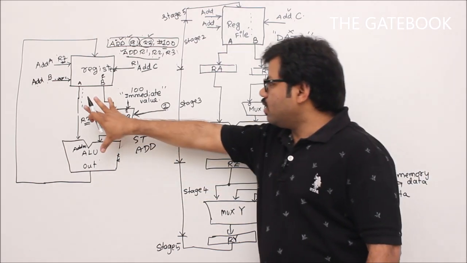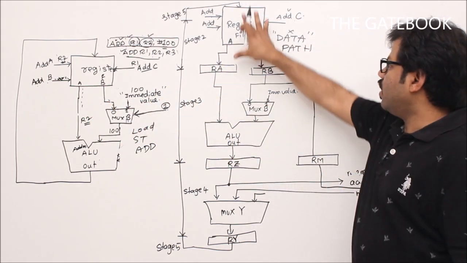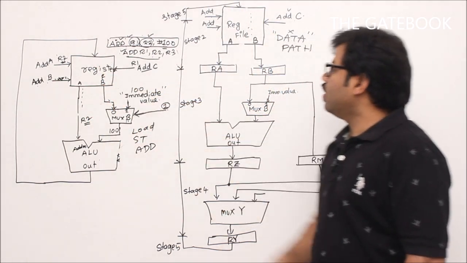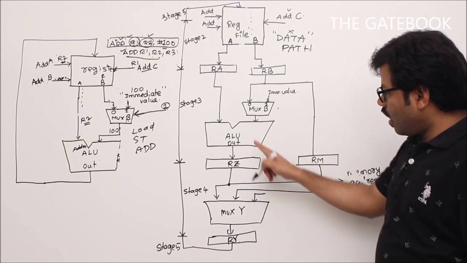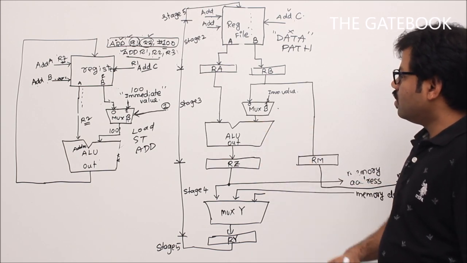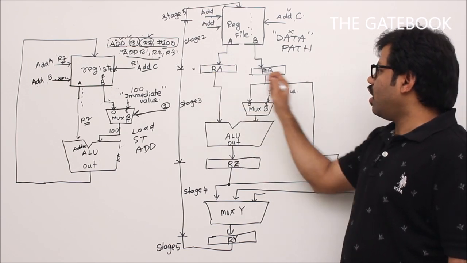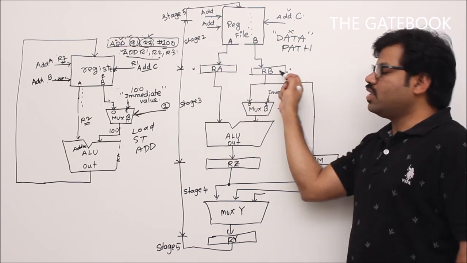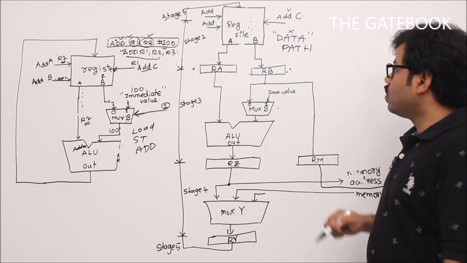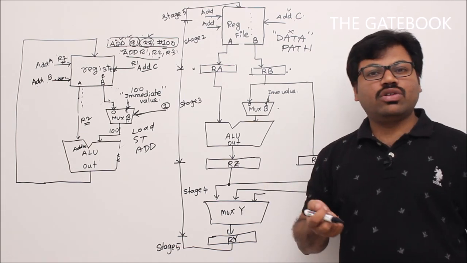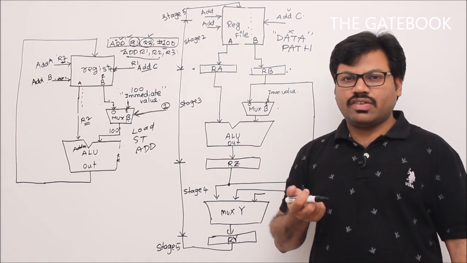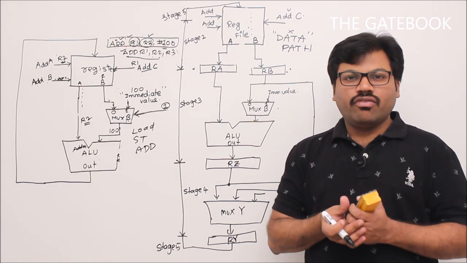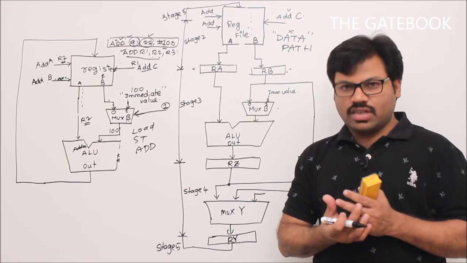First thing, this is the register file. Second, we have a multiplexer, and we have the ALU. Sir, but we have this RA and RB. I did not understand why these two registers. I will tell you. We are going to do things with pipelining, an important aspect, using which we do parallel execution of instructions.